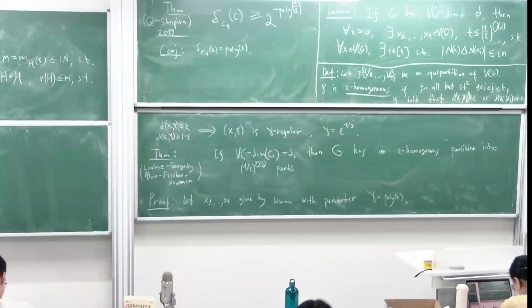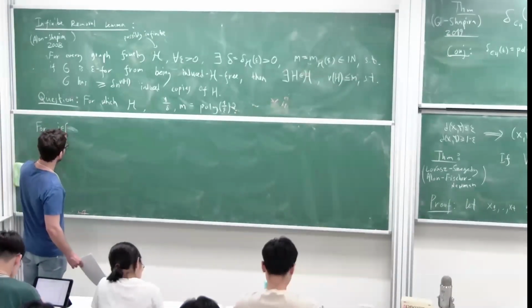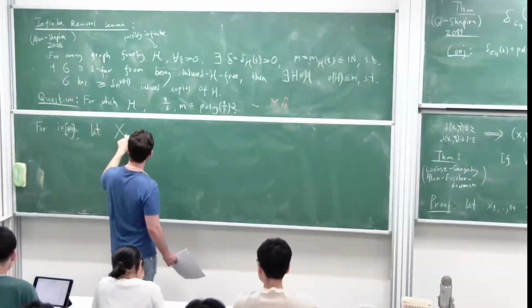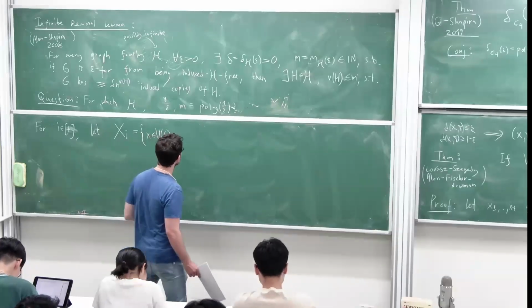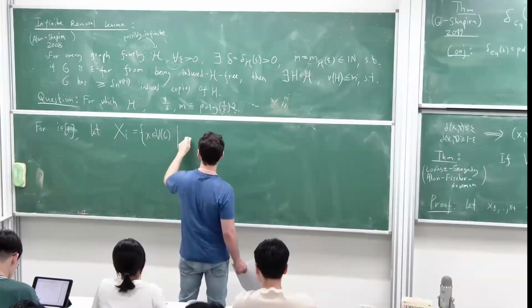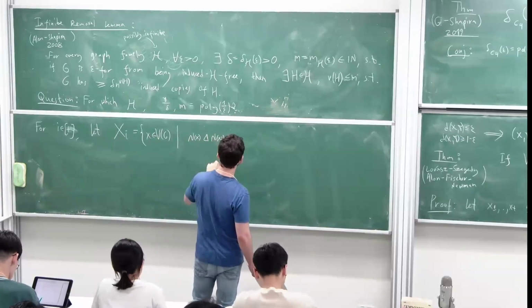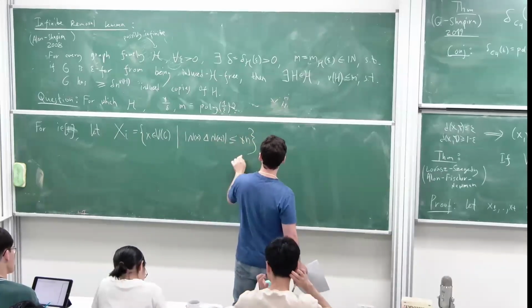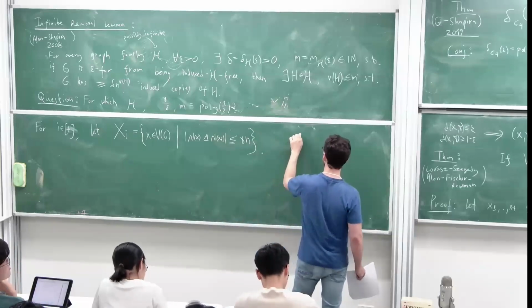So these vertices give us a clustering of the graph. What do I mean? For each i, let Xi be the set of all vertices x which are close to xi, such that the neighborhood of x, symmetric difference with the neighborhood of xi, is at most gamma n. Now, the lemma guarantees that every vertex is like this for some i.